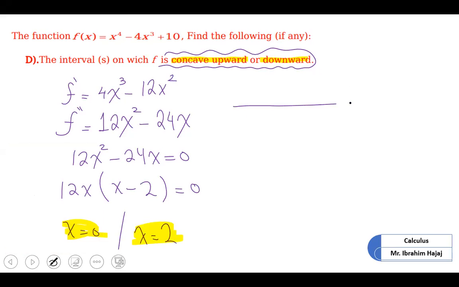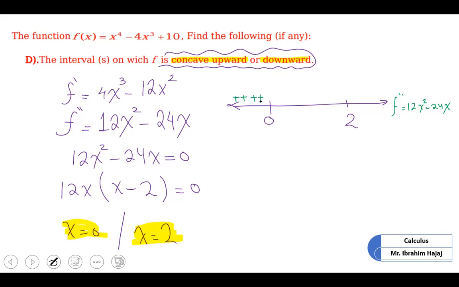We will know this when we draw the number line and put 0 and 2, and then test some points. Let's test -1 and substitute in f double prime, which is 12x squared minus 24x. Substituting -1 gives 12 plus 24, which is positive.